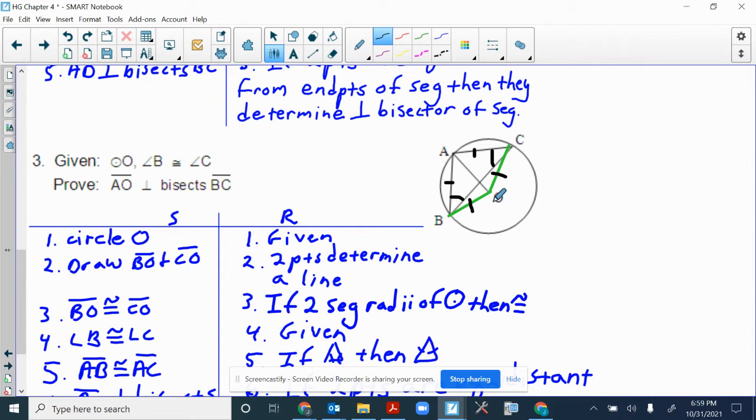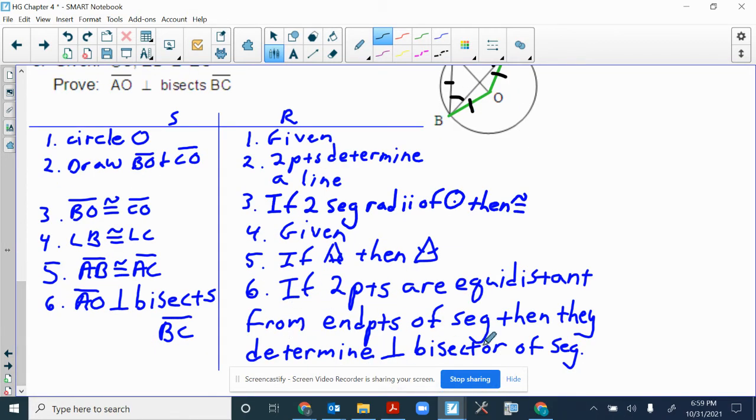And then you have side, side, side for the 2 triangles, and you can get your triangles congruent, and then you can prove that these 2 triangles are congruent and these 2 triangles are congruent. There's a longer proof to it, but if you use this reason, this will save you quite a few steps. Okay. So it's a pretty nice reason if you remember it.